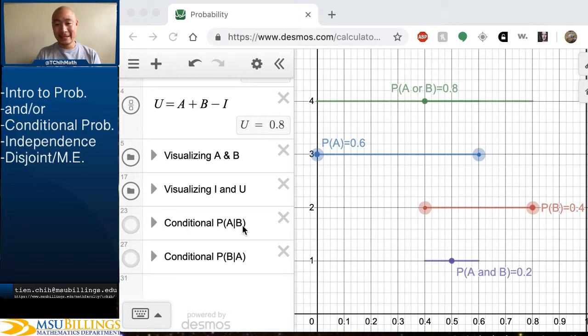A given B, what A given B means is that if you know that event B happens, what is the probability that event A also happens? So for example, in this context, what that means is if you knew that someone did get sick, what was the chance that they were eating fish?